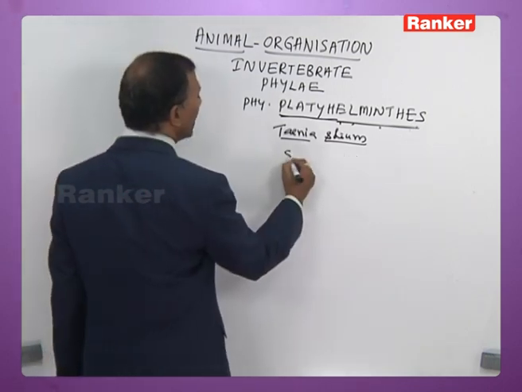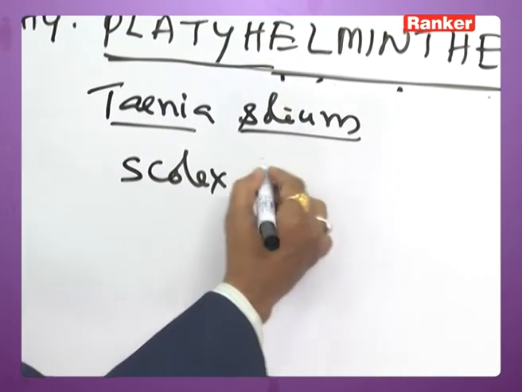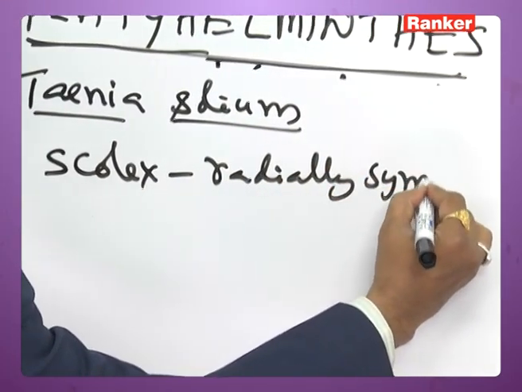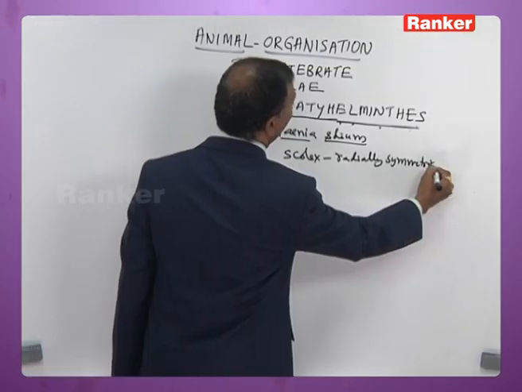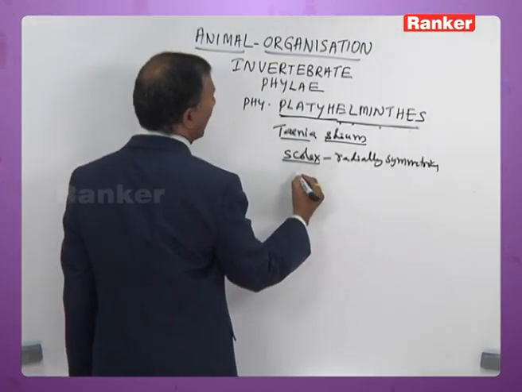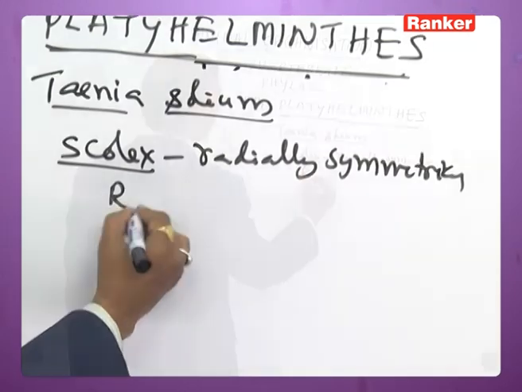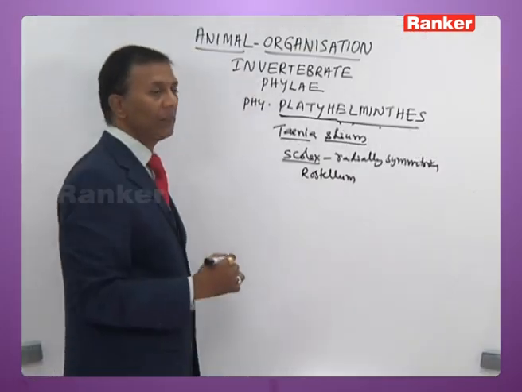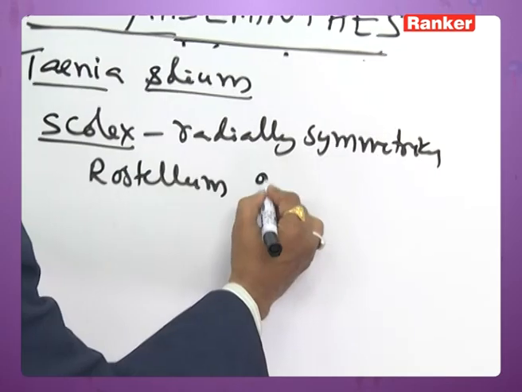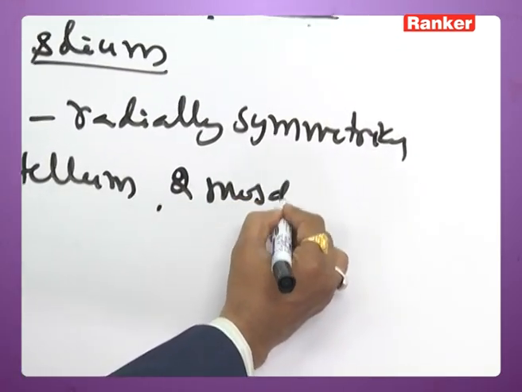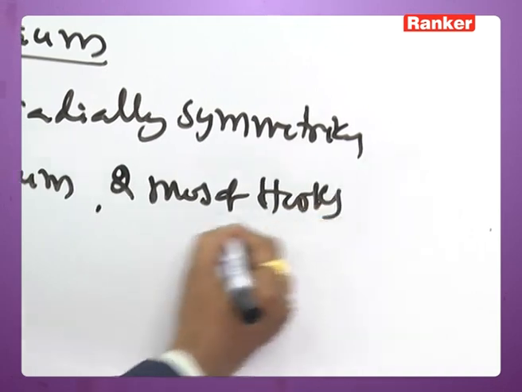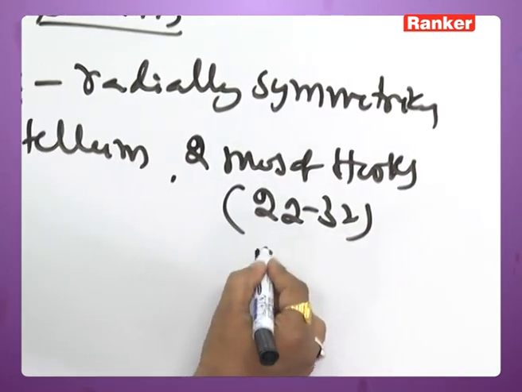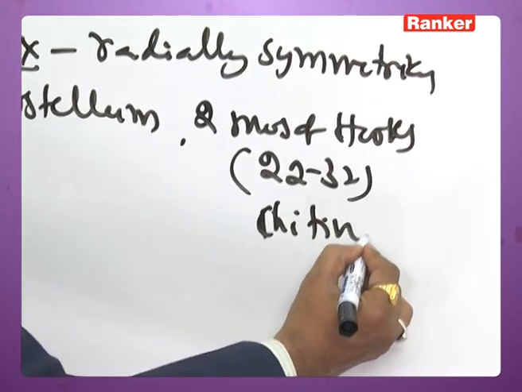Now this scolex is radially symmetrical with a rostellum. It has got a rostellum, then two rows of hooks, about 22 to 32 chitinous hooks are present.